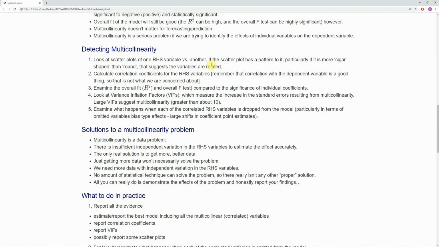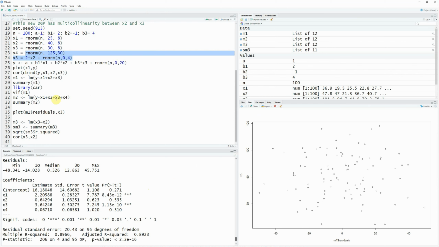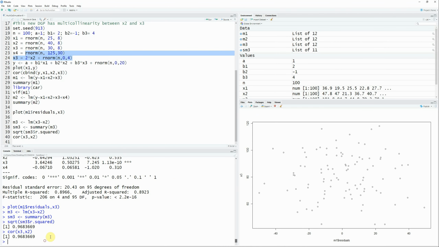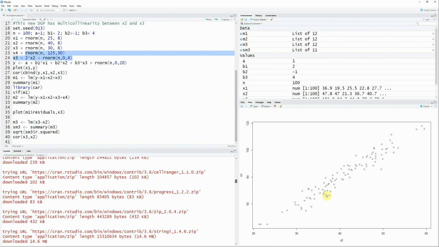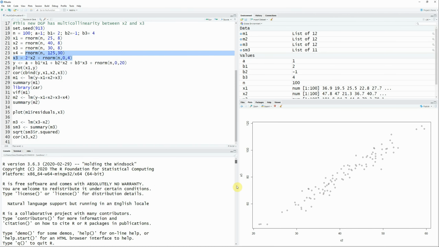You can also visually inspect it with a scatter plot of your right-hand side variables. In this case, for instance, x2 and x3 were correlated, so we can plot x2 against x3 and see that there is a positive correlation there.